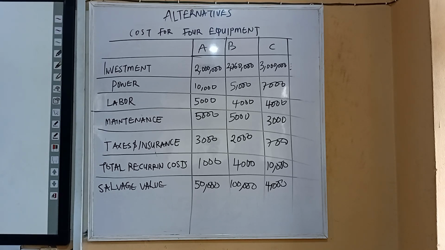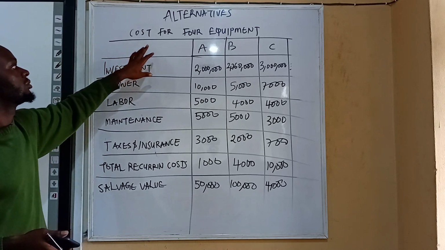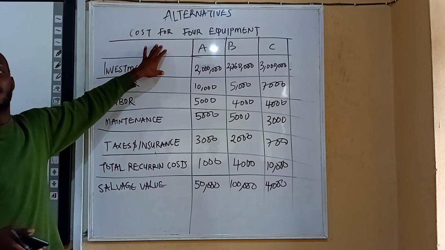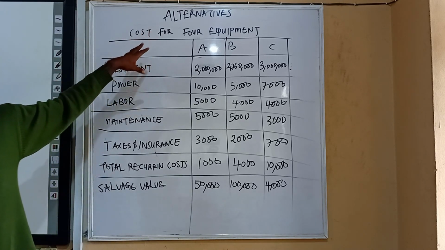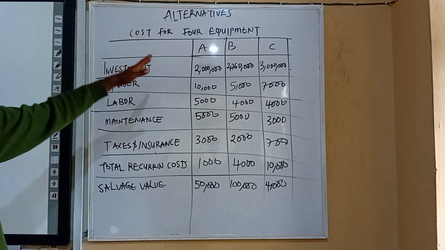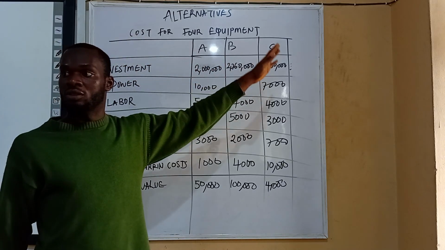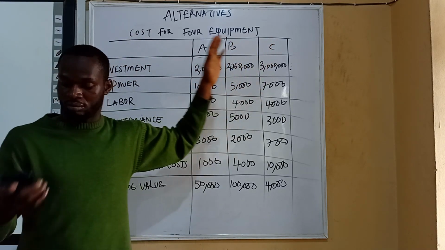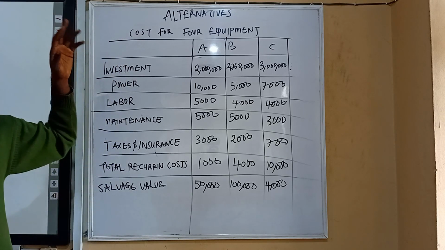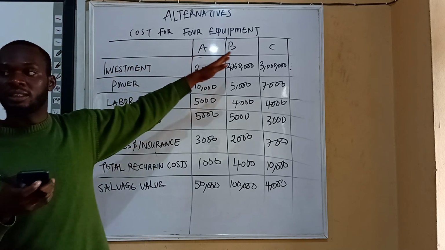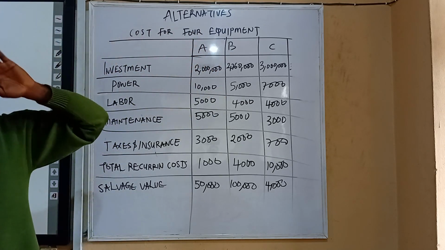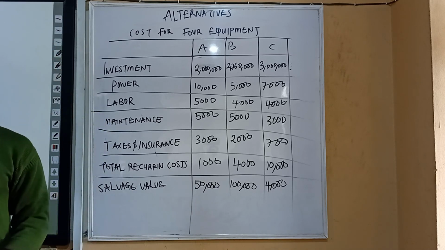Now, this company wants to install an air pollution control equipment in their facility. Then they have three options to pick from. And the useful life of these three equipments is 10 years. After 10 years, you're not supposed to use it again.